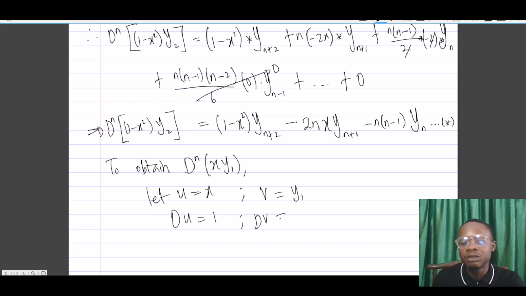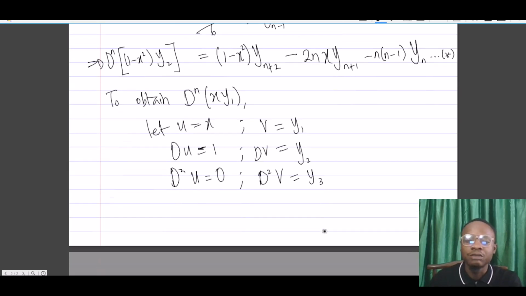The derivative of v will be the derivative of the first derivative, that will be the second derivative, and the second derivative of u will be equal to the derivative of 1. 1 is a constant, that derivative is 0, then the second derivative of v will be equal to y3. Okay, that's the derivative of the second derivative.